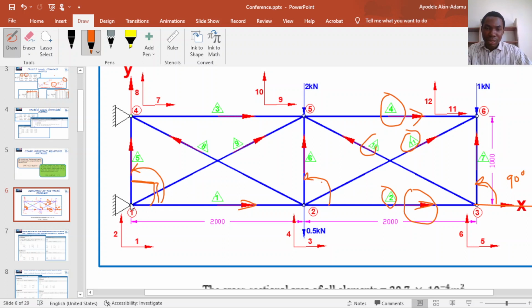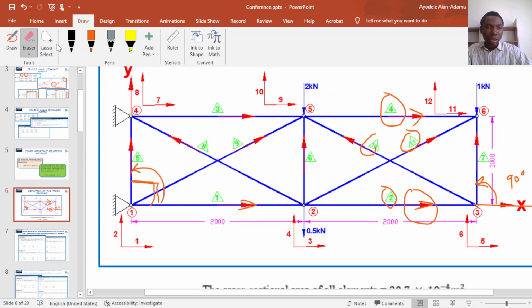For element 8, this element here, our arrow is pointing from node 2 to node 4. So we're taking measurement from node 2.